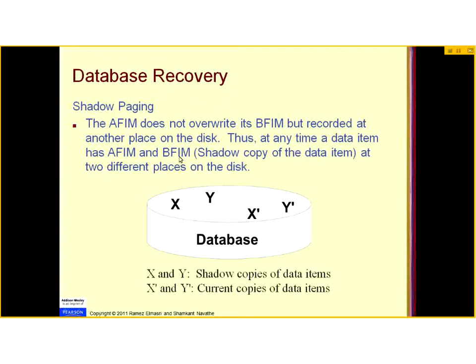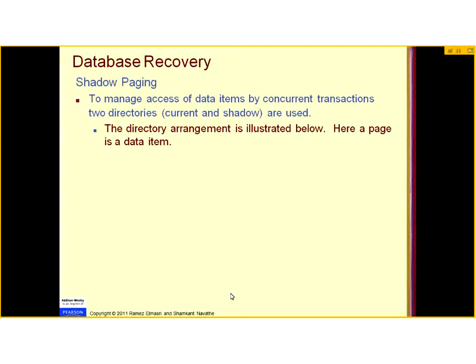At any point, the data item has an AFIM and a BFIM, shadow copies of the data item at two different places on the disk. So you are having two different copies. X and Y are shadow copies of data items, and X prime and Y prime are current copies of data items. You maintain a current directory and a shadow directory as well. The directory management is illustrated in Figure 23.4 in your book, which you can see from there.